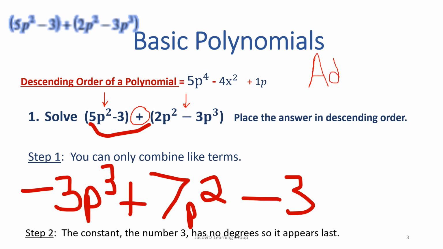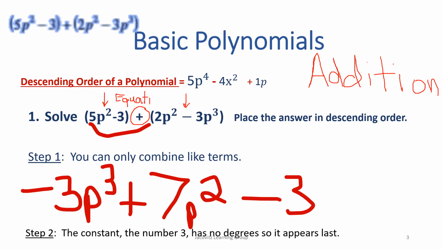A lot of people, and I was guilty of this at one point, would assume that because of the brackets you were still going to multiply this across, and this would be 5p squared times 2p squared, which would be 10p to the fourth, but you have something that separates each equation. So this is one equation here, and this is one equation here. So you're adding.